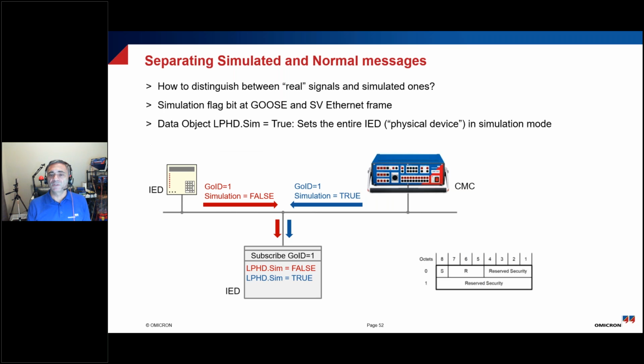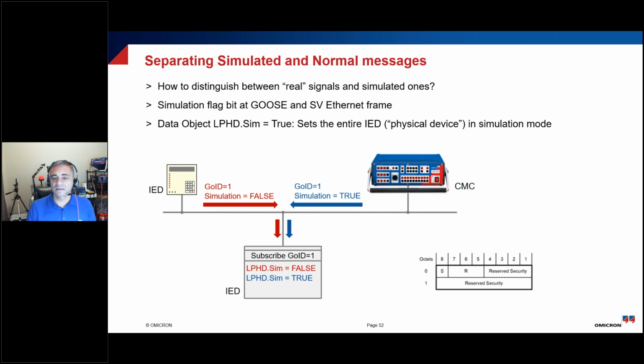So here we have a device that's transmitting out what we call sampled values, and its simulation mode is false. In other words, these are real sampled values. And then we have a piece of equipment that's actually injecting sampled values, a simulated stream of sampled values of currents and voltages. And so it says, I'm simulated.